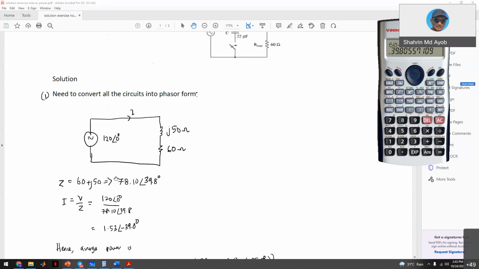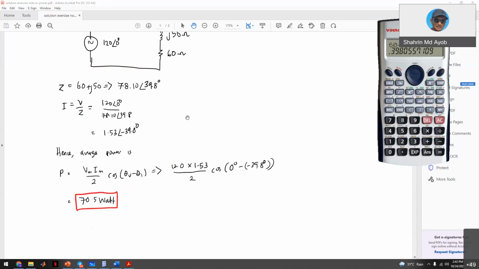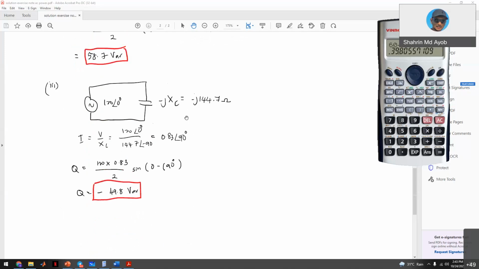Find the reactive power supplied by the capacitor after the switch is closed. I think this one is wrong. This one is totally wrong.